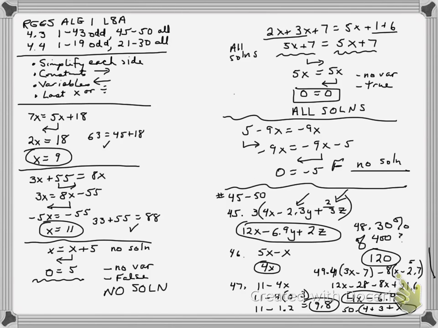Okay, now for the next one, 30%. To do that in my head, what I like to do is take 10%. Well, 10% of 400 is 40, so 30% would be 3 times that, or 120. The next one is just a distribution and gathering of terms.